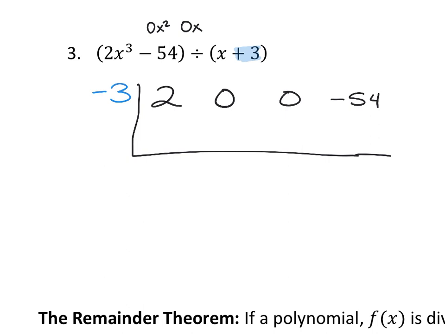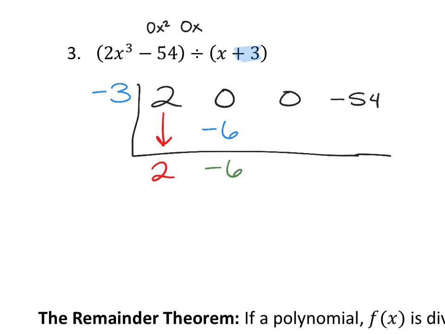But then we do the Big Mama step. So y'all walk me through Big Mama. What do I do first? Bring down the 2. What next? Yes, multiply -3 times 2 and put it under the first zero. So -3 times 2 is -6. Add straight down. Still -6, great.